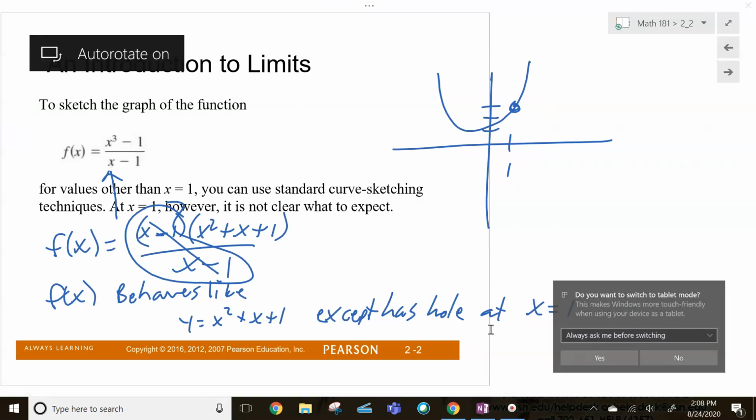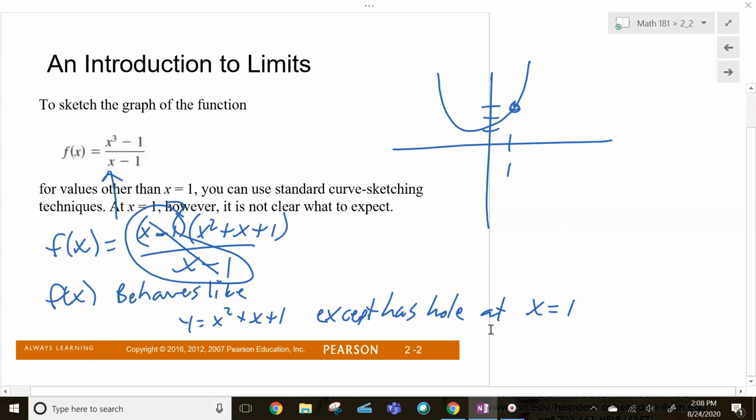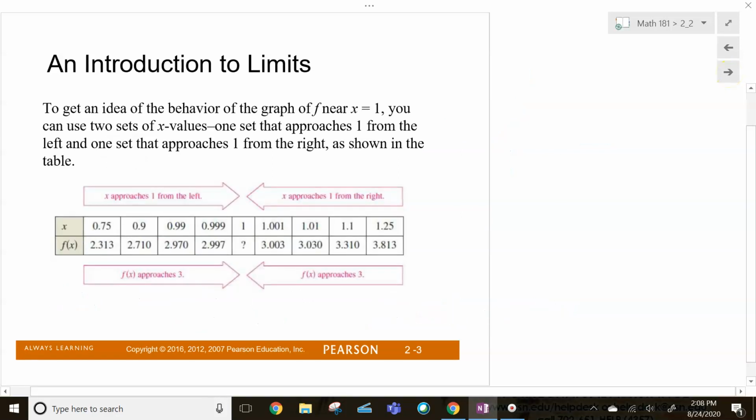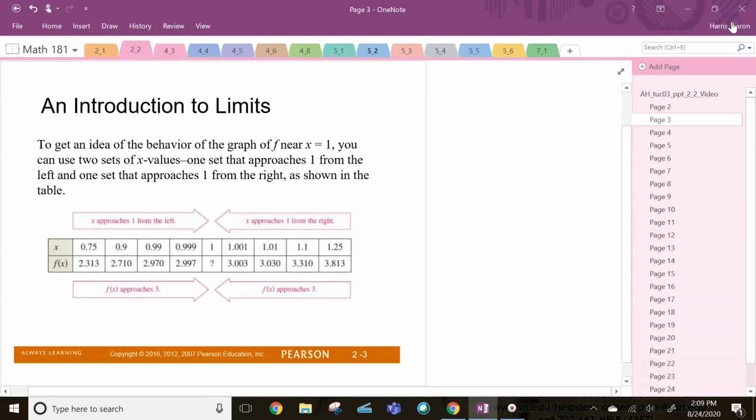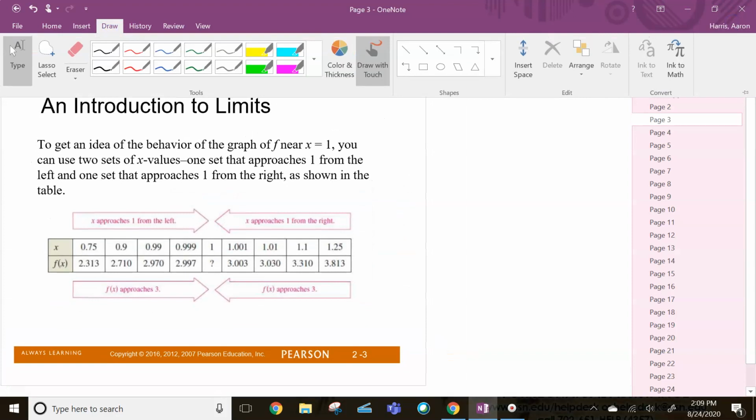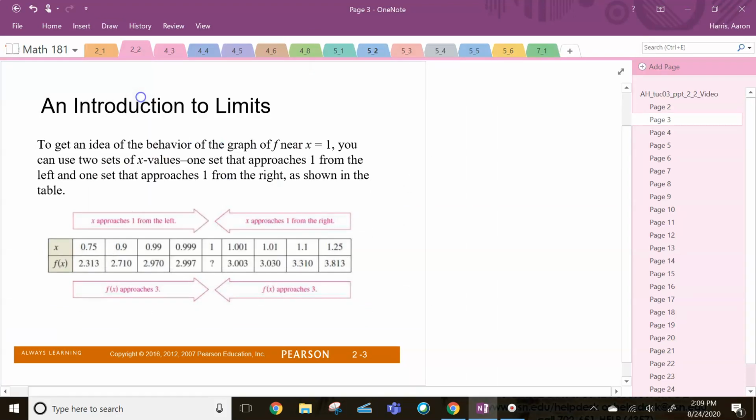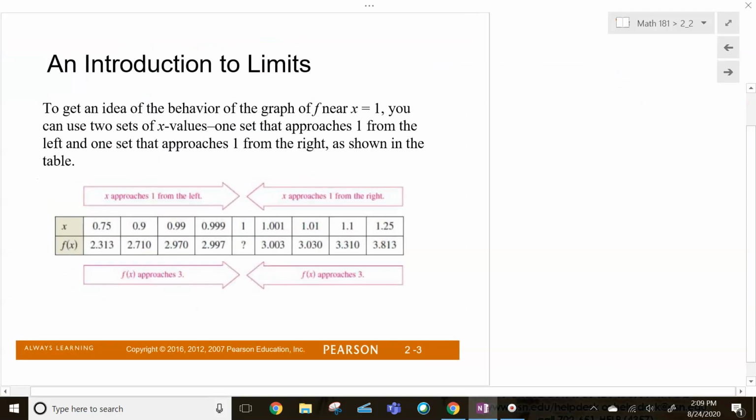Pull this back up again. That's our question of the unofficial look at a limit, okay? The informal look at a limit is how is the function behaving around x equals 1? If we plug in something close to it, these y values are getting closer and closer to what?